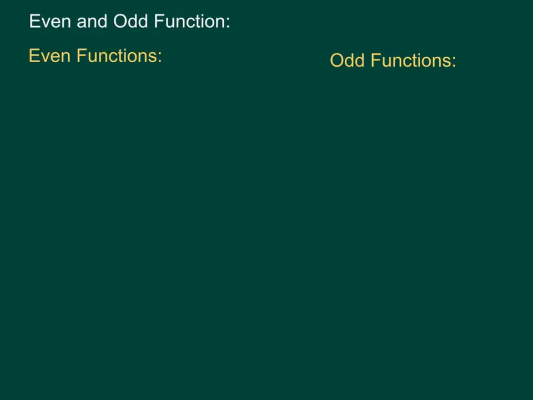In trig, we have what are called even functions and odd functions. And what that means is, let's use pi over 3 for example. Pi over 3 has the coordinates 1 over 2 and square root of 3 over 2.